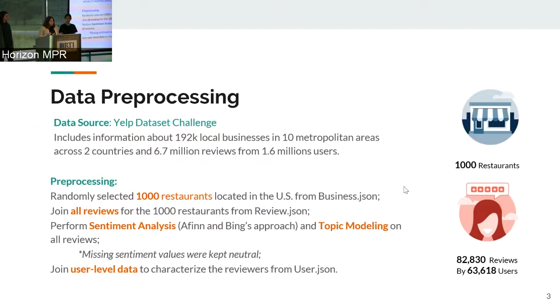With those establishments, approximately 83,000 reviews were associated. So in order to perform the analysis, we had to match the reviews file with business information as well as with user level data. More than 63,000 reviewers provided feedback.